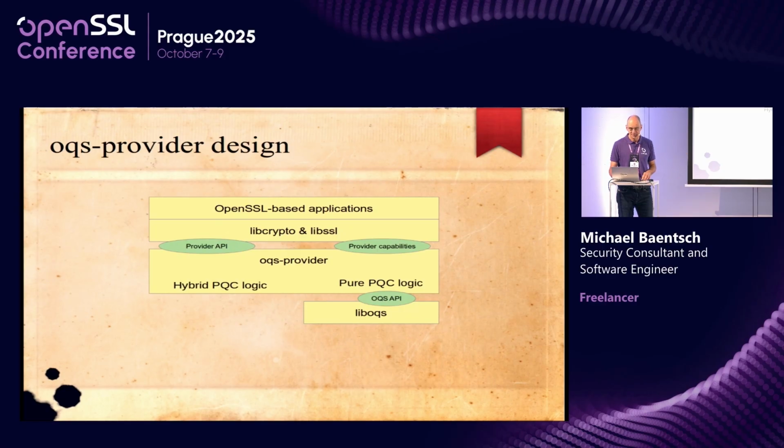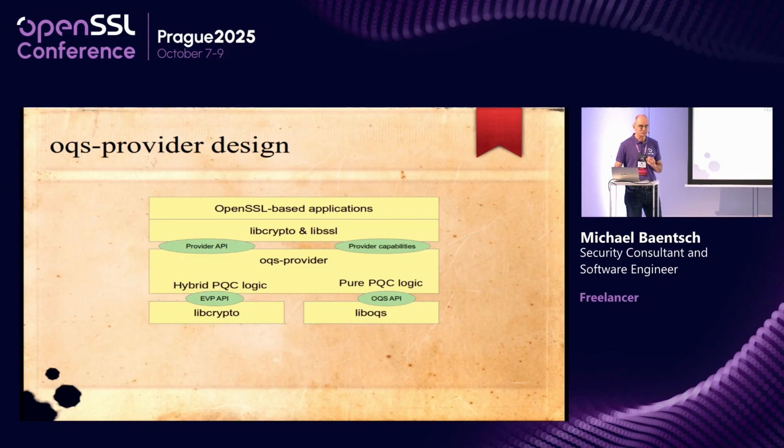We also have built into oqsprovider hybrid logic, which allows us to run at the same time classic crypto, things like RSA or elliptic curves, as well as PQ, for situations in which you don't yet quite trust PQ and still want to use classic crypto. There, we are using libcrypto of OpenSSL.